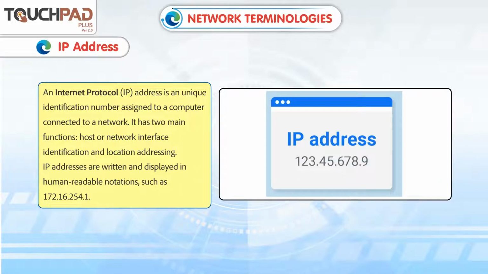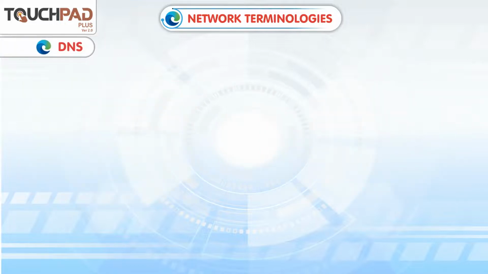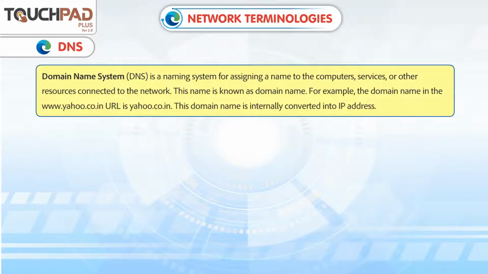It has two main functions: host or network interface identification and location addressing. IP addresses are written and displayed in human-readable notations such as 172.16.254.1.